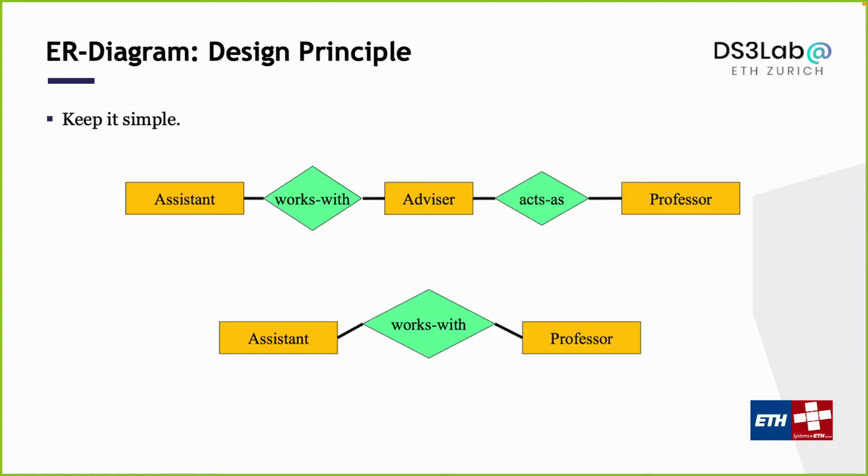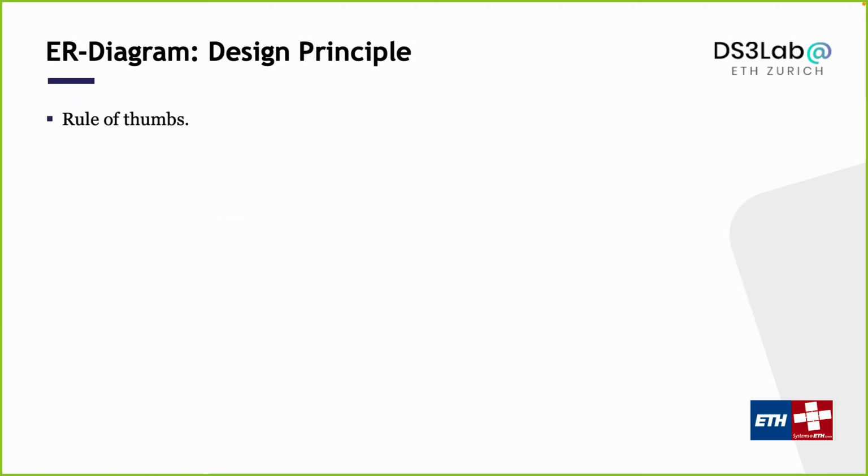Another thing is to keep it simple. If you can model something with a single relationship that gives you all the information and enforces all the cardinality that you want to enforce, go with the simple one, okay? Make sure you do not have multiple relationships when at the end of the day you are modeling essentially one relationship, okay?